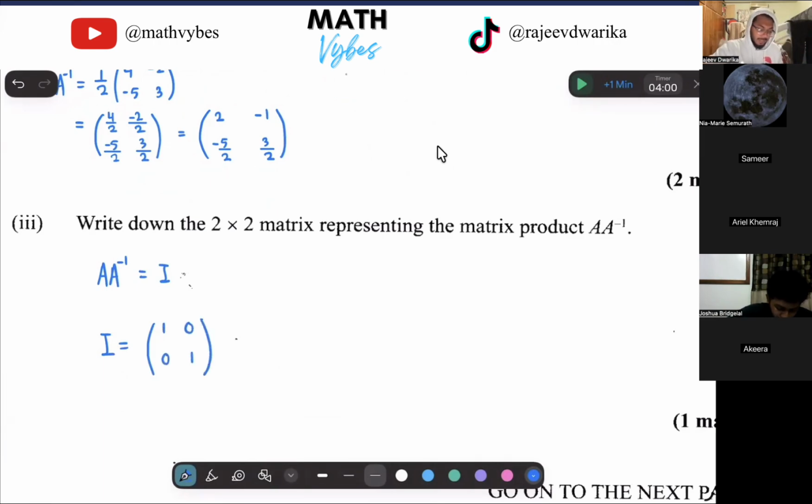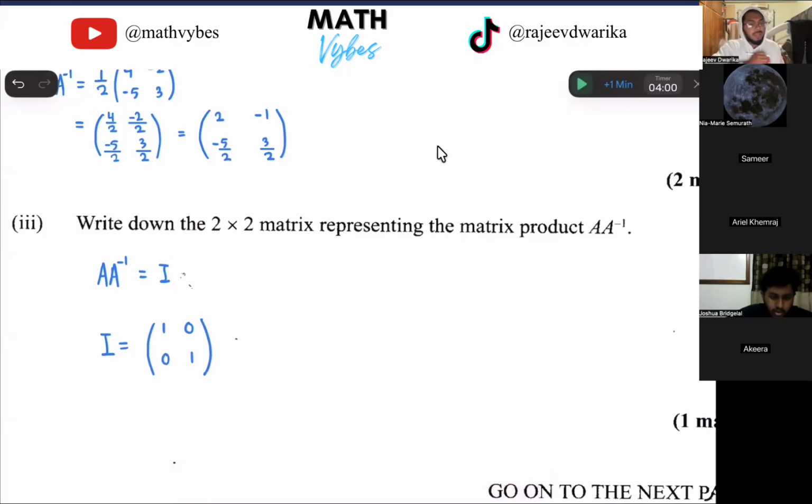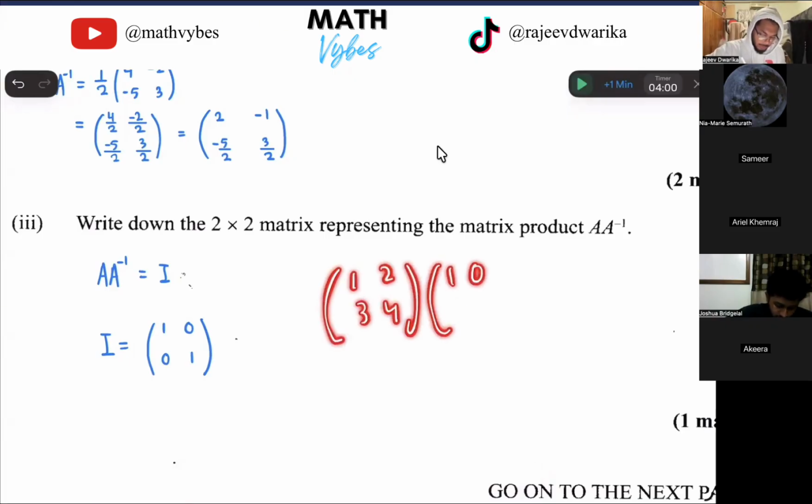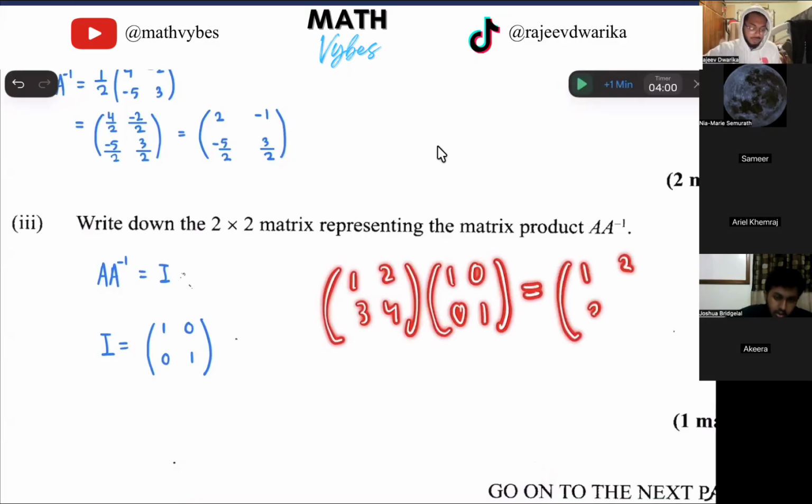Awesome. And if I multiply anything by I, what would I get? Say I had 1, 2, 3, 4, and I multiply that by 1, 0, 0, 1. What will my answer be? You get back 1, 2, 3, 4. In the last class, we went through that. The identity matrix is equivalent to 1, and if you multiply 1 by anything, you get back the original thing.